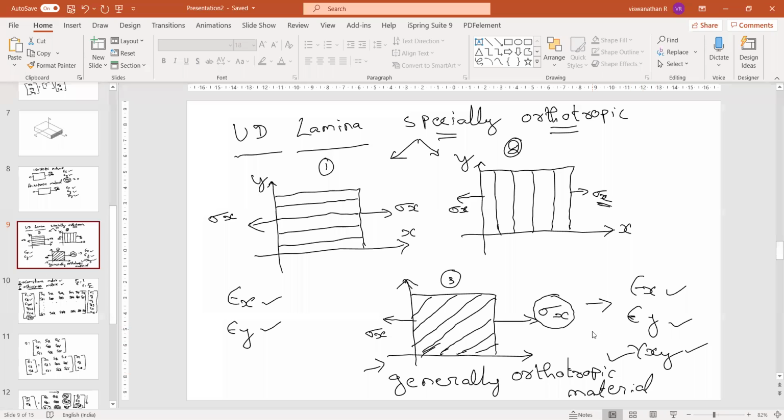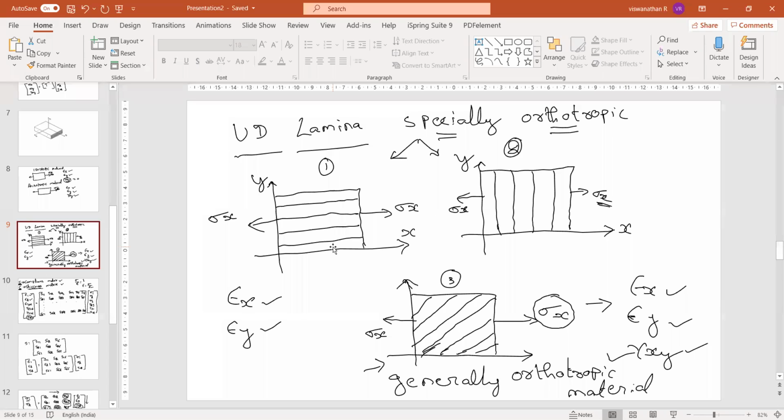Sir, how do we get a shear strain? See, if you take an isotropic material and you pull it, it gets only pulled.